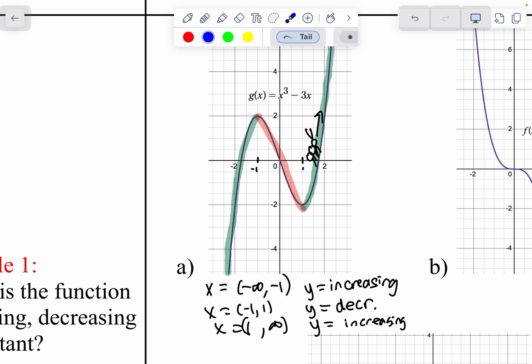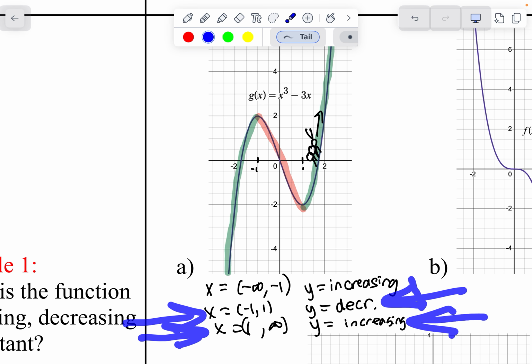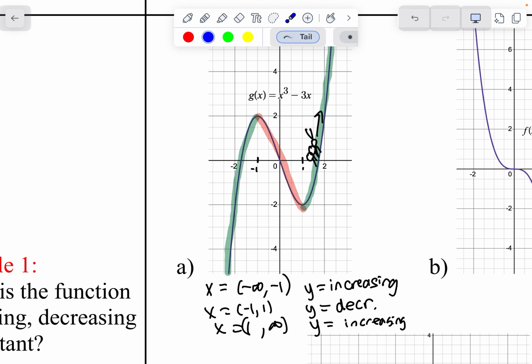Along these x's from -1 to +1, my y is going downhill, decreasing. And from these x's, my y is increasing. So the interval are the x's. The word is what the y is doing. Do you see how that works together? Okay, does that make sense how that works?